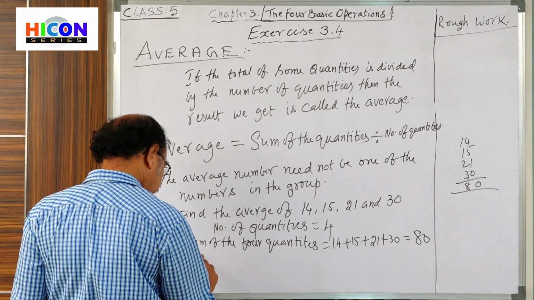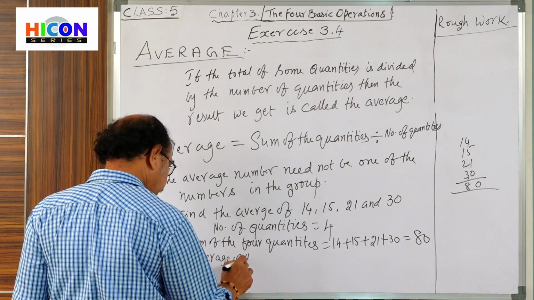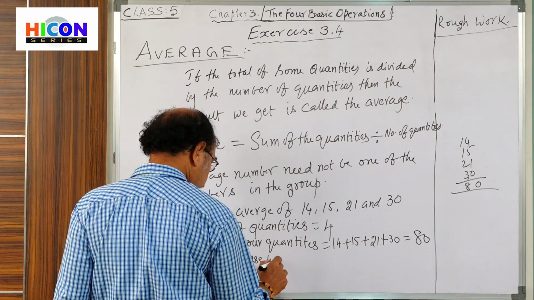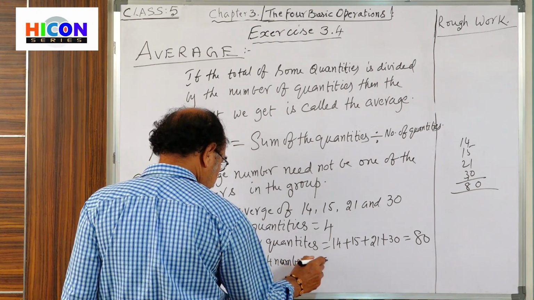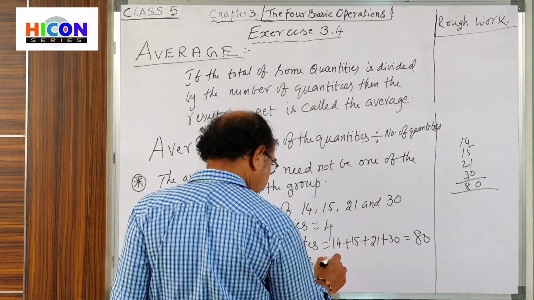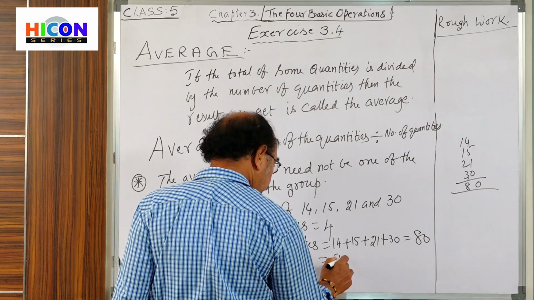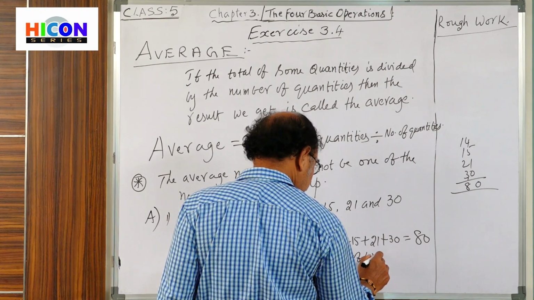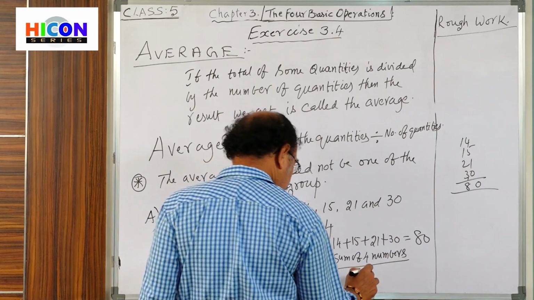Therefore, the average of these 4 numbers is equal to the sum of the 4 numbers divided by 4.